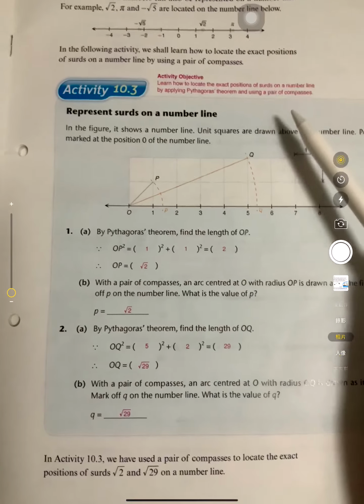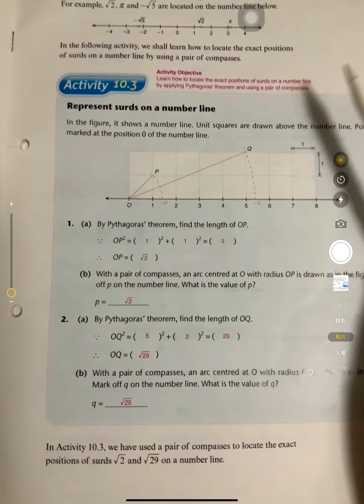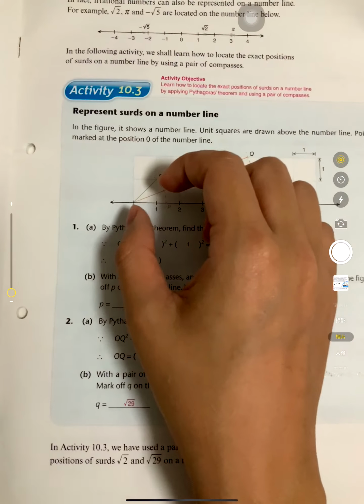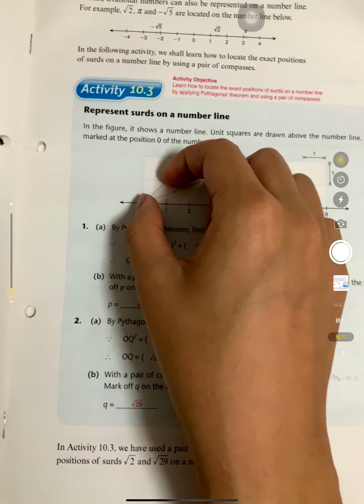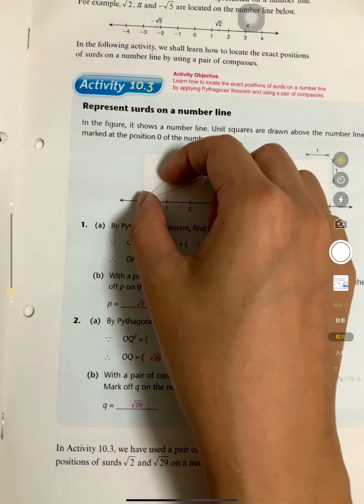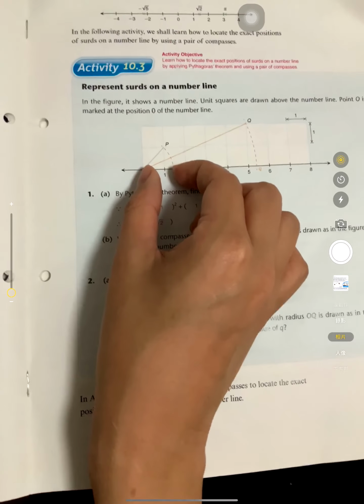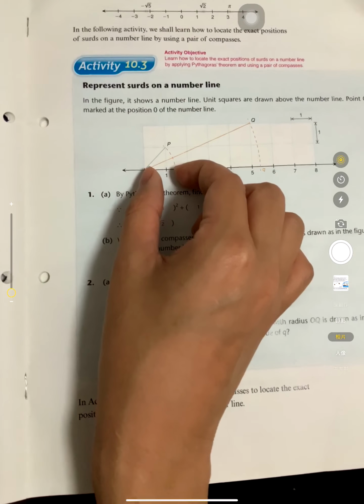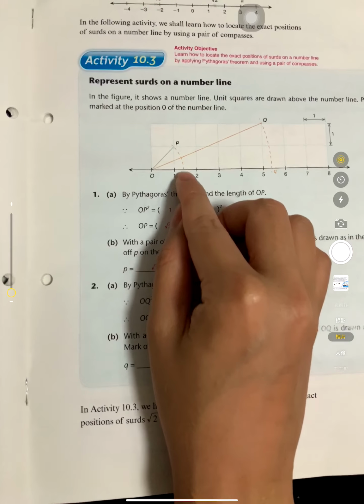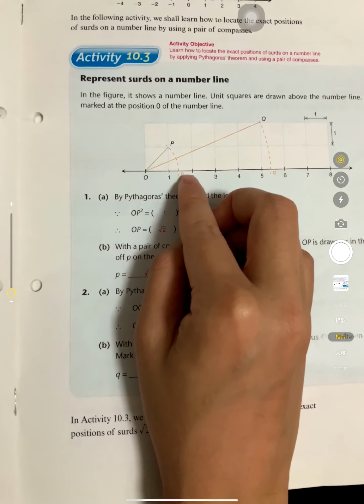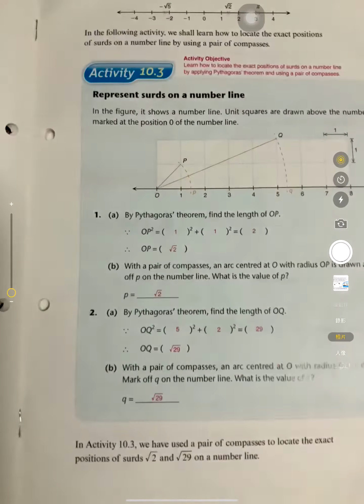We should use the compass, 圓規. That means we can put the compass here to mark the length of square root 2, and then we rotate the compass to mark the corresponding length on this one. Then we know that the length of this one is square root 2. Okay, understand?